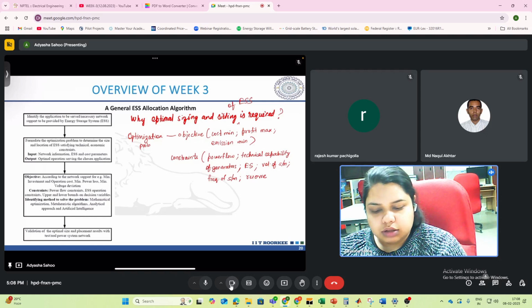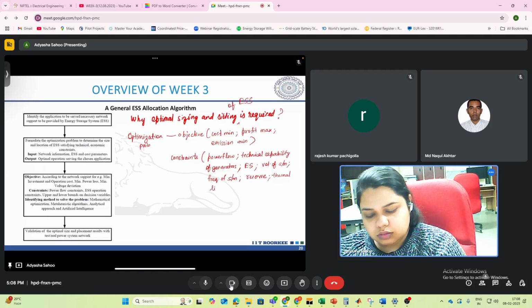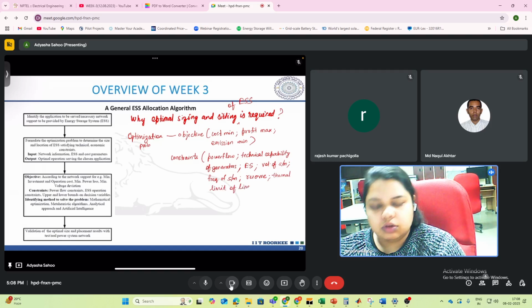So there may be constraints for that. Then there may be constraints for thermal limit of the transmission line. That is, the power flowing in the transmission line should not exceed its rated thermal capacity and all these. So these are some of the examples of constraints that we see.